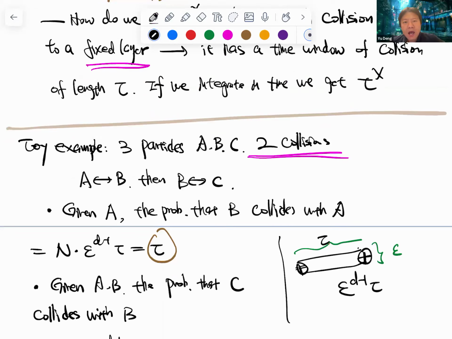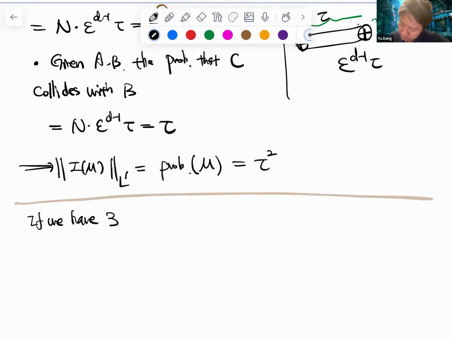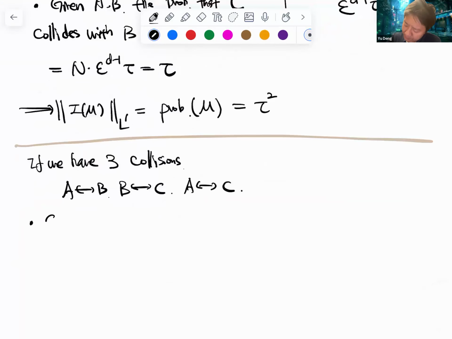Okay, so now if you have three collisions, so let's say A collides with B, B collides with C, and then A collides with C. So what this means is that given A, the probability of B colliding with A is equal to tau.